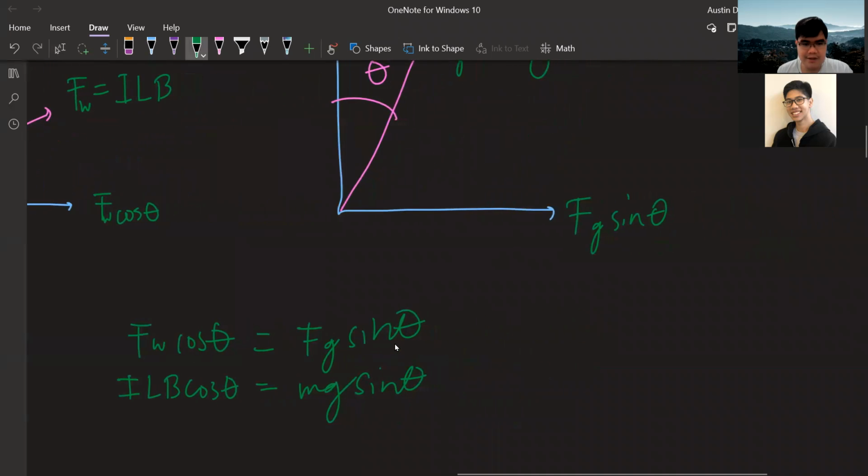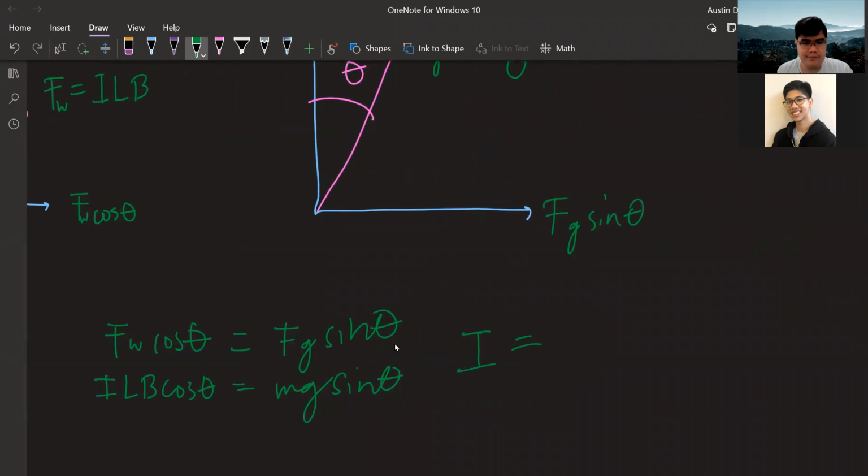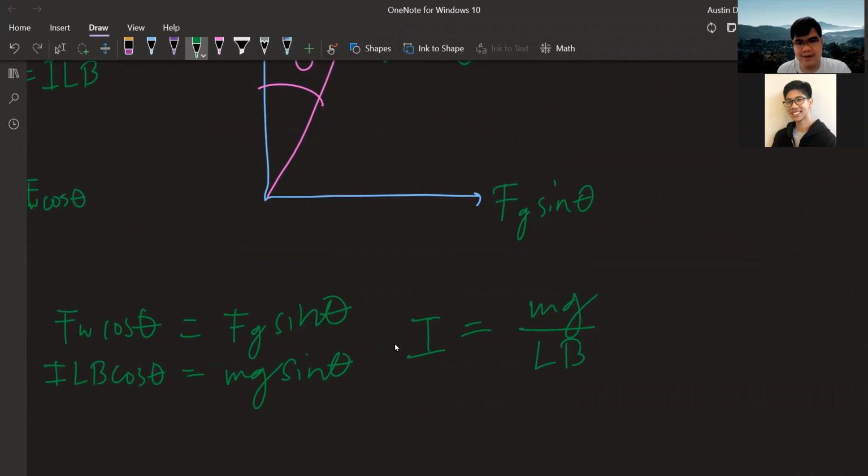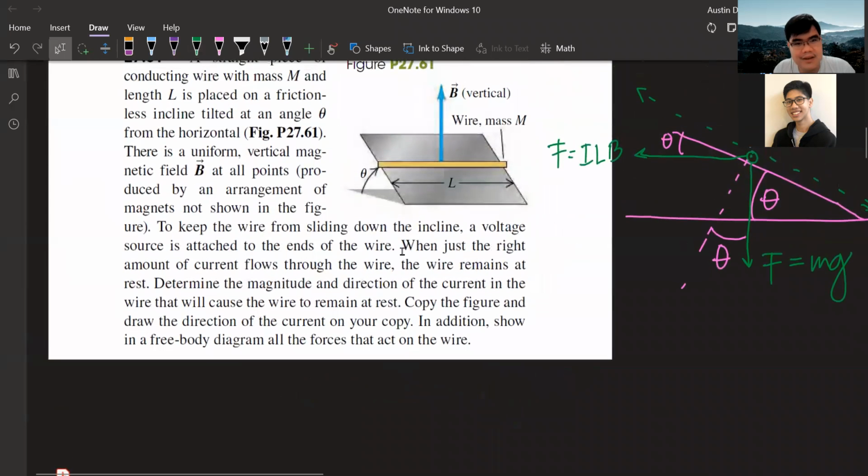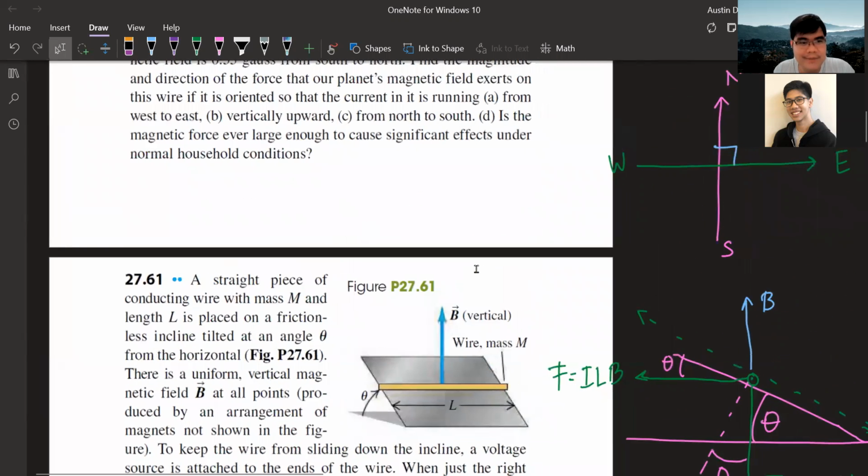Then you need your I, the current being supplied, to be mg over LB sine divided by cosine, that's tangent. Okay, so ito yung kailangan yung amount ng current na isusupply mo. Nice. Nice. Okay. So, ang hirap ng mga probset, no? Feel ko ang mas mahirap yung mga probset cases sa mga exam questions.